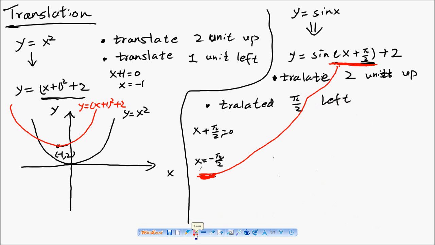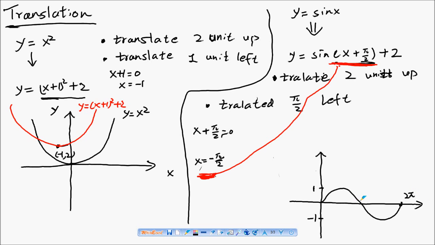Now let me draw a graph. Here is your original graph, the standard graph, where the maximum is 1 and the minimum is minus 1. So we have 2 pi here, and 0. Here is pi on 2, and here is 3 pi on 2.